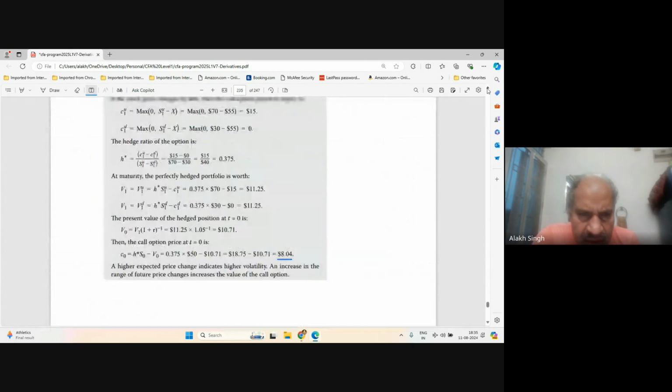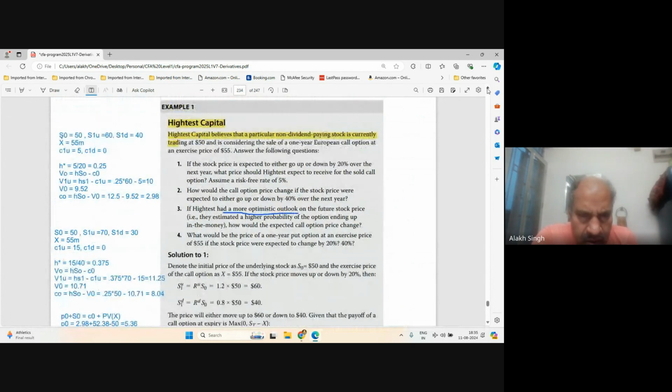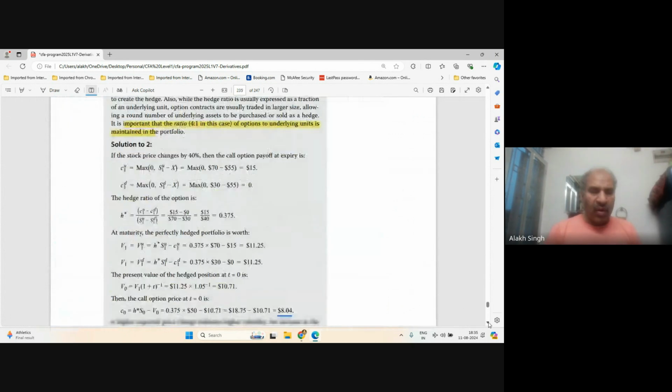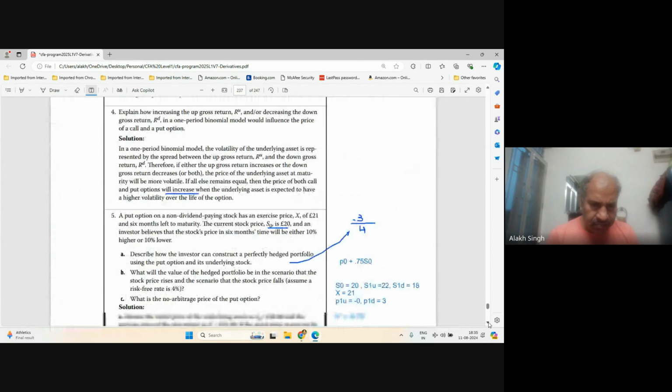This one was High Test Capital, you say. Yes, this High Test Capital: up by 20% and down by 20%. The stock price is expected either to go up by 20% or down by 20%. That is what this is telling. So RD is 0.8 and RU is 1.2.